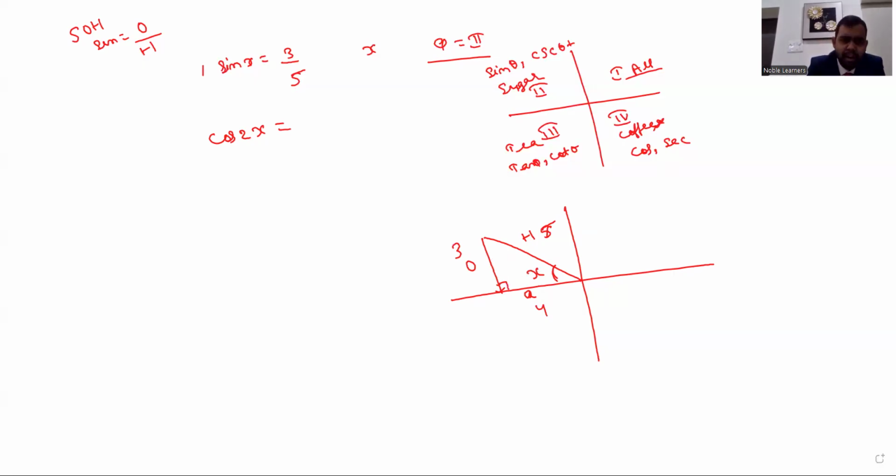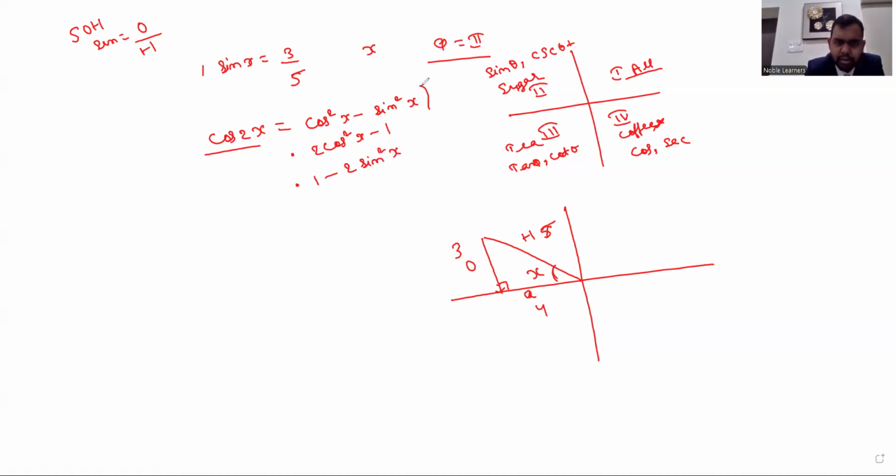Now we need cosine 2x. So what is the formula of cosine 2x? There are three formulas, and you can use any of them to get the answer. The first is cosine square x minus sine square x. The second is 2 cosine square x minus 1. And the third is 1 minus 2 sine square x.